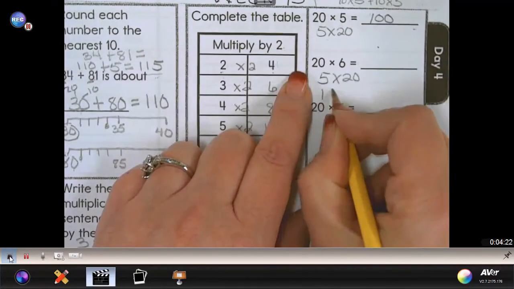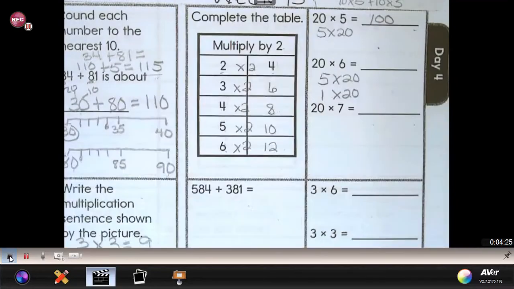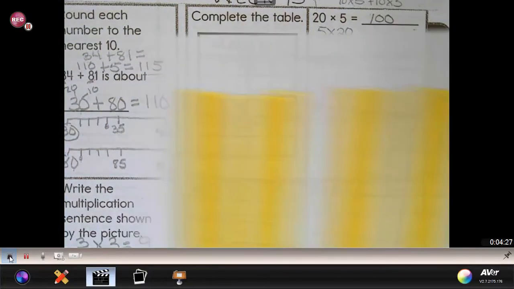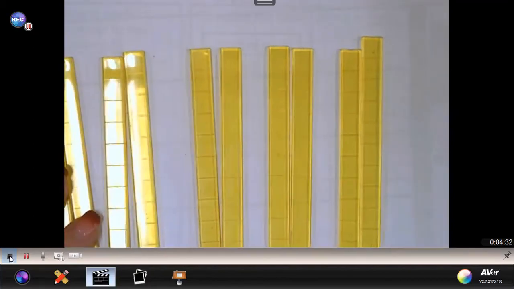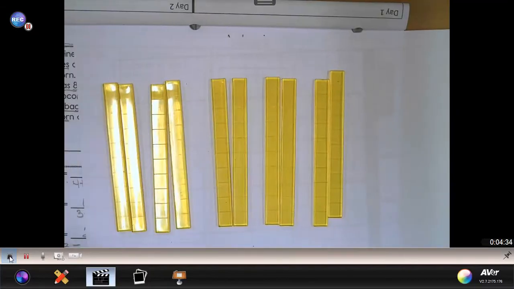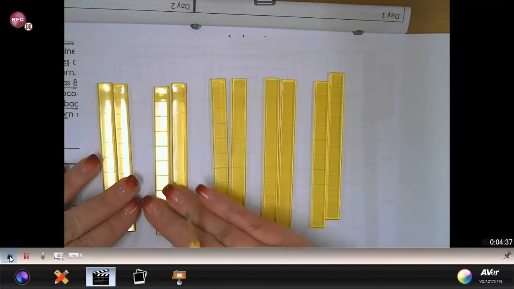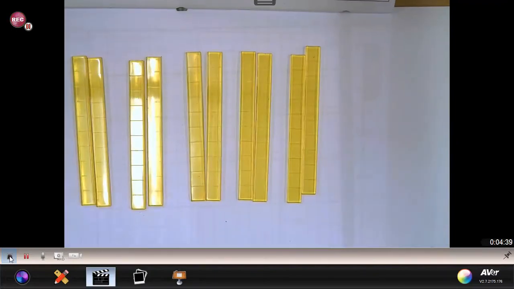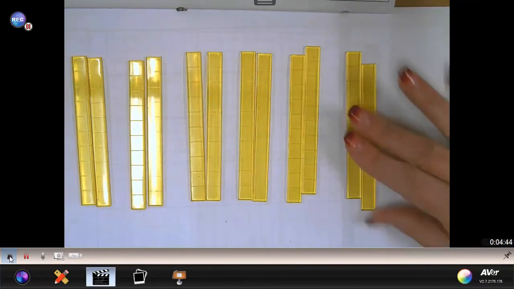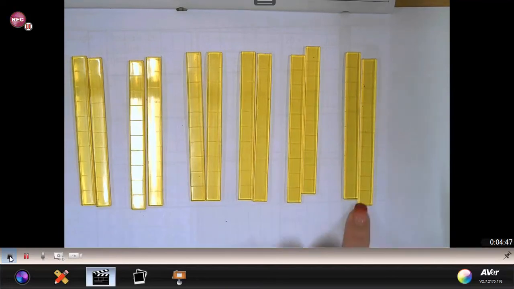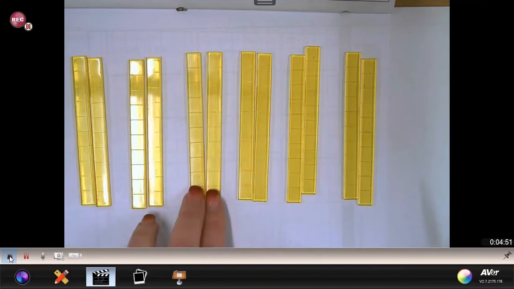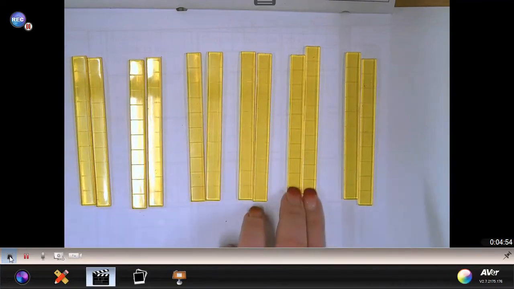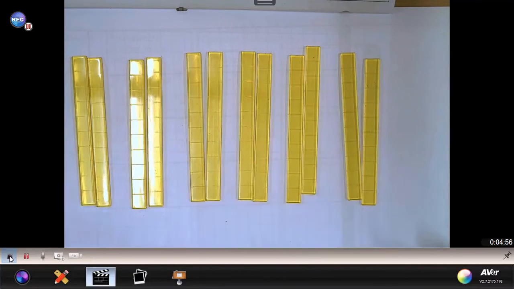So if I were to take one more group of 20, which I'm going to do on my model using my base 10 blocks, I'm going to zoom out a little bit more so that you can see the whole. Here's my 5 groups of 20. That's 100. Here's another group of 20. Now I'm at 120. So 20, 40, 60, 80, 100, 120.